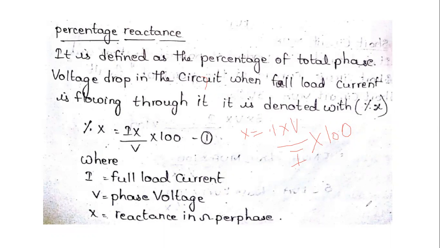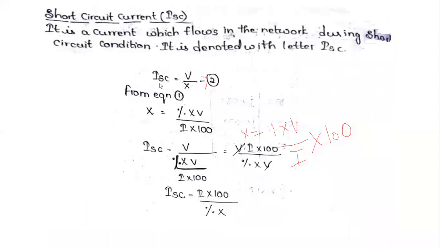What is the formula for short circuit current? ISC is equal to V by X, where X is percentage X V by I into 100. Substitute this X value in equation number 2.